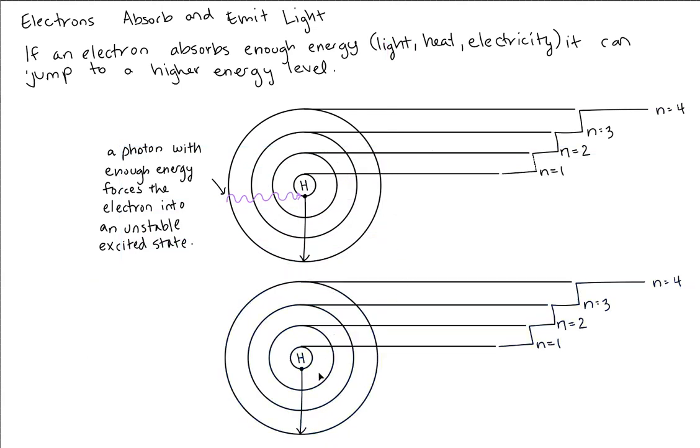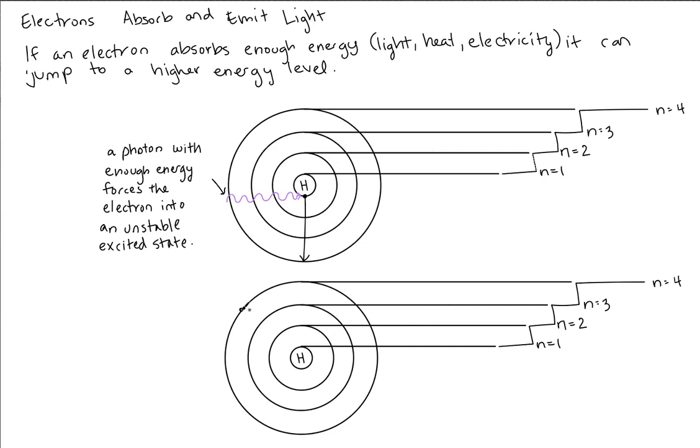So here's the new situation. Now my electron is no longer there, right? As we said in the previous picture, it jumped up to a higher energy level. I'm just going to put it here because why not? It jumped up into a higher energy level, right? So now it's way up here. This is not stable. It's not stable. And so what's going to happen is it's actually going to fall. Now, this idea of falling is kind of weird when we're thinking about electrons, but that's exactly what happens.